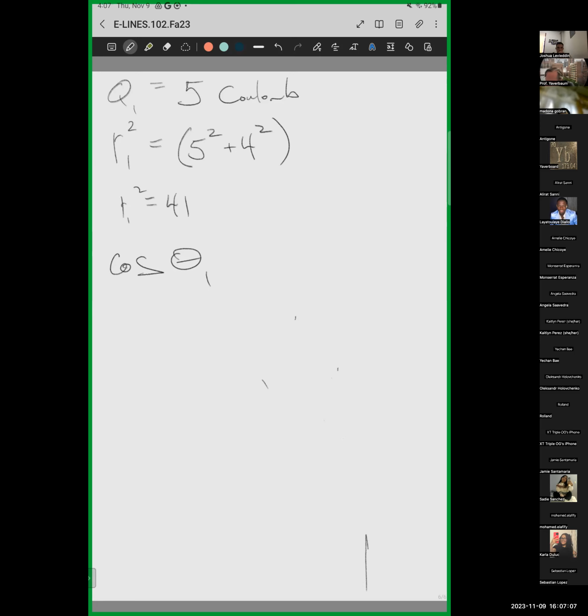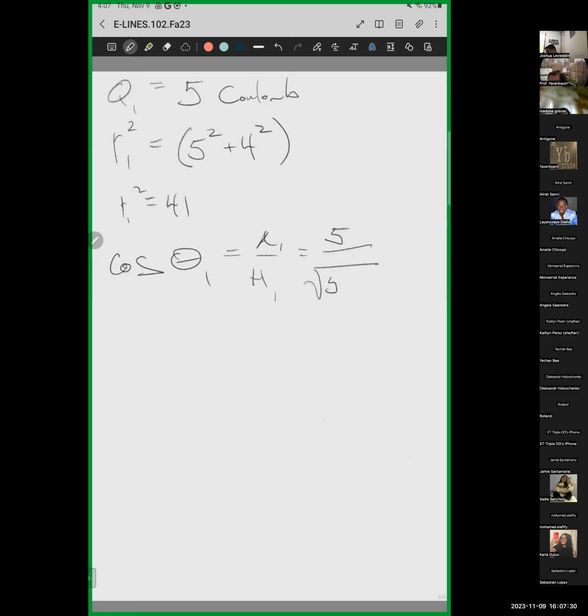Since this is going to happen every time in the problem, you might as well save some hassle and realize cosine of the angle in that triangle equals adjacent over hypotenuse. I mean, cosine always does. So the cosine equals 5 over the hypotenuse.